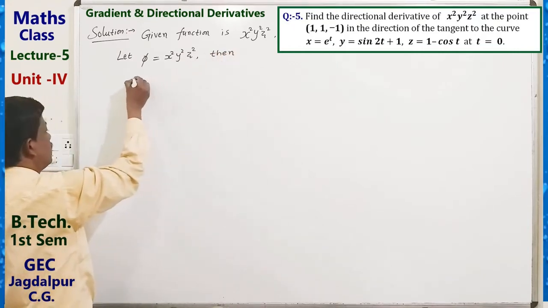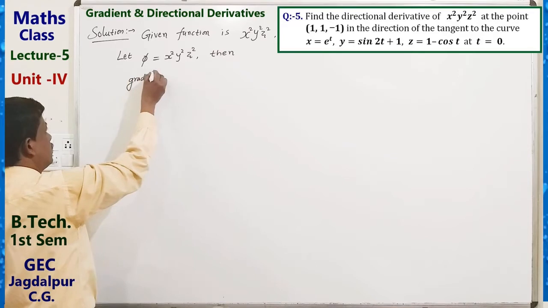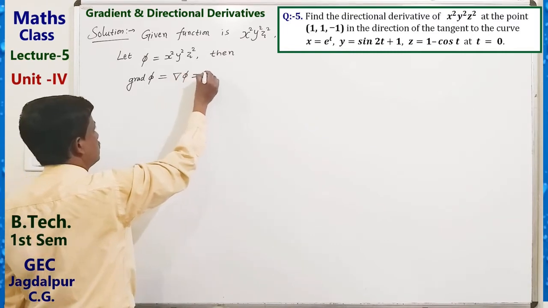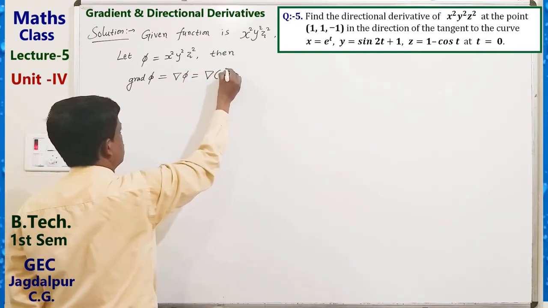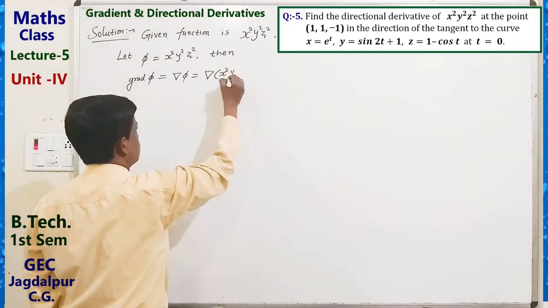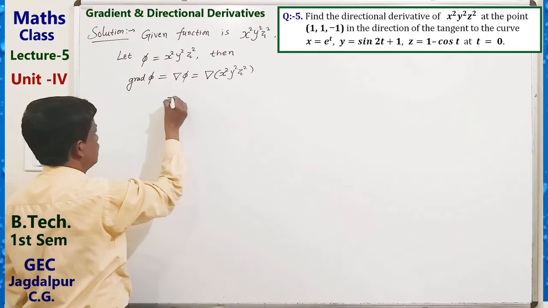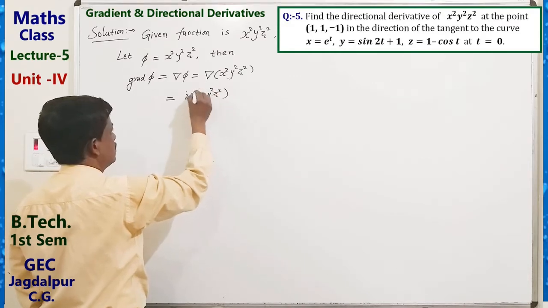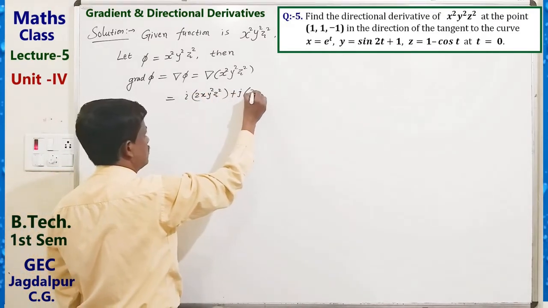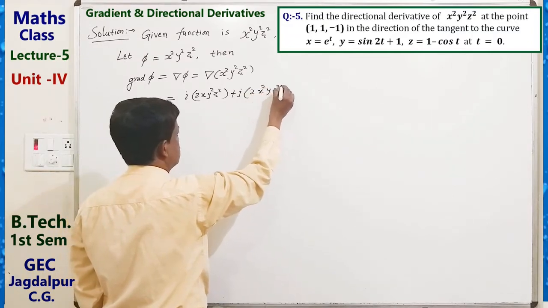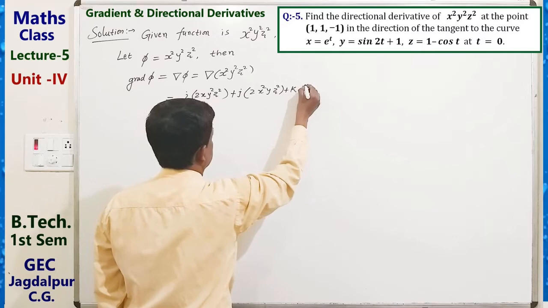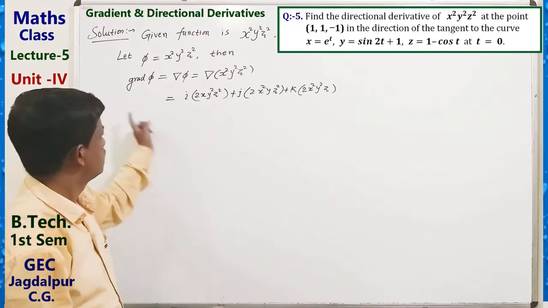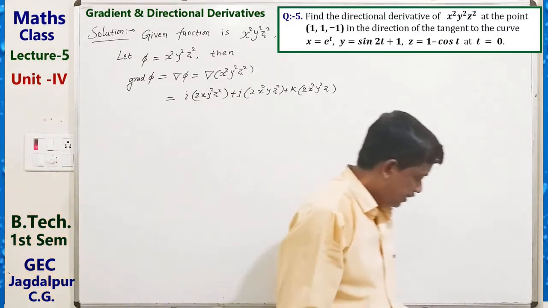Then grad phi, del phi equals to del of x square y square z square equals to i 2x y square z square plus j 2x square y z square plus k 2x square y square z. This is grad phi.